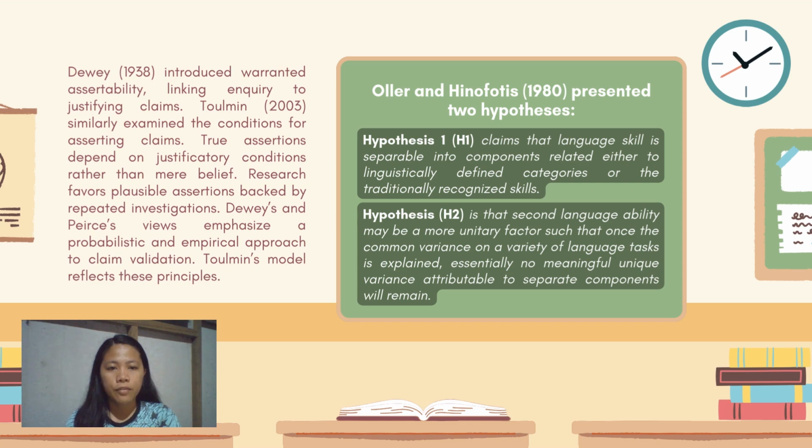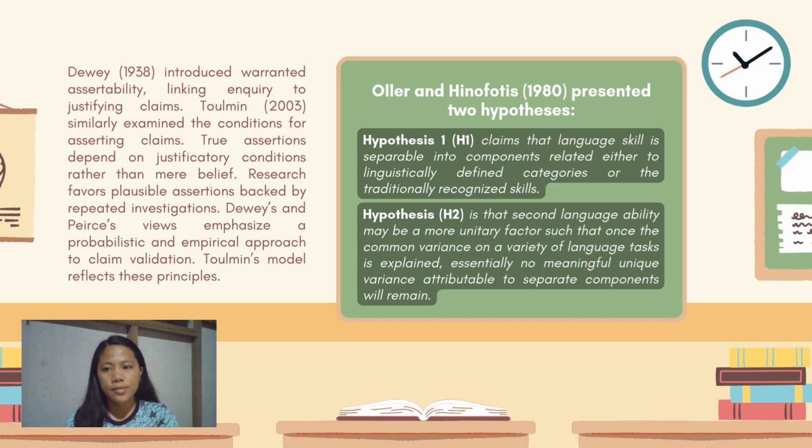Euler and Hinofotis 1980 presented two hypotheses. The first hypothesis, which is H1, claims that language skill is separable into components related either to linguistically defined categories or the traditionally recognized skills.